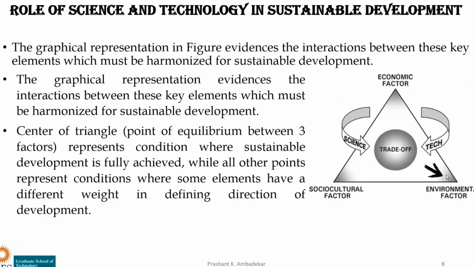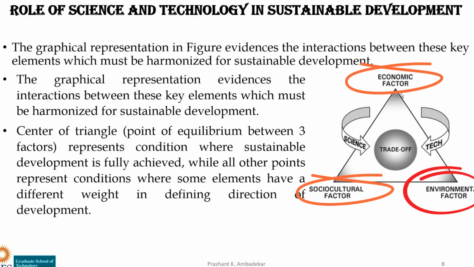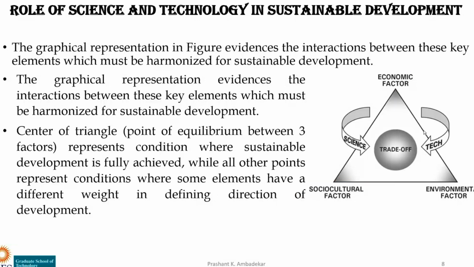And if science and technology is at this point, then it will be only from the environmental point of view. It will neither be beneficial to the society nor be economic. So these three factors presented at the vertices of the equilateral triangle have to be equally taken care of. So you can go through this again.